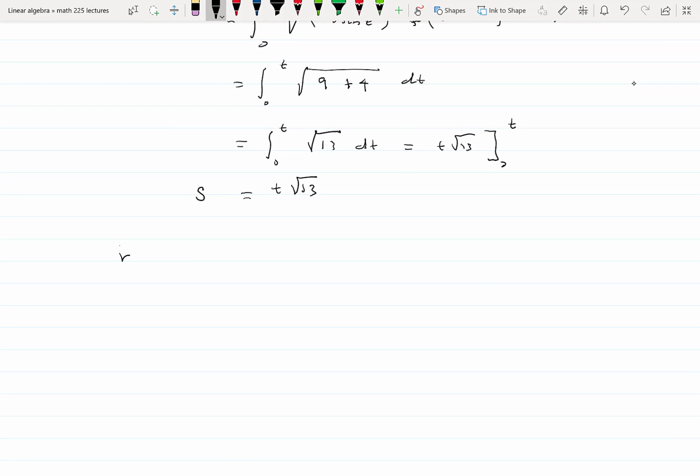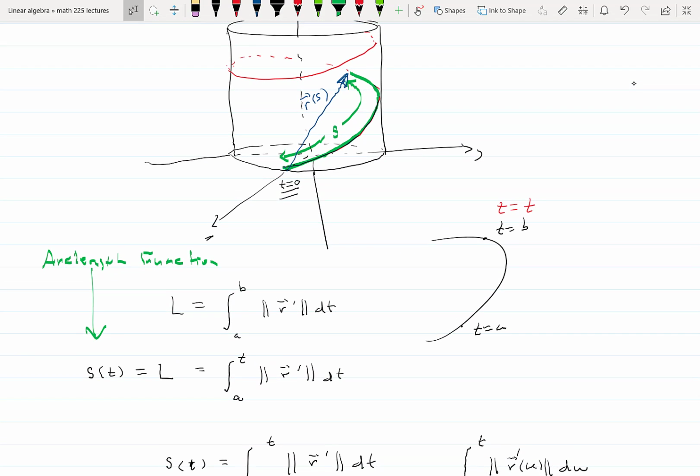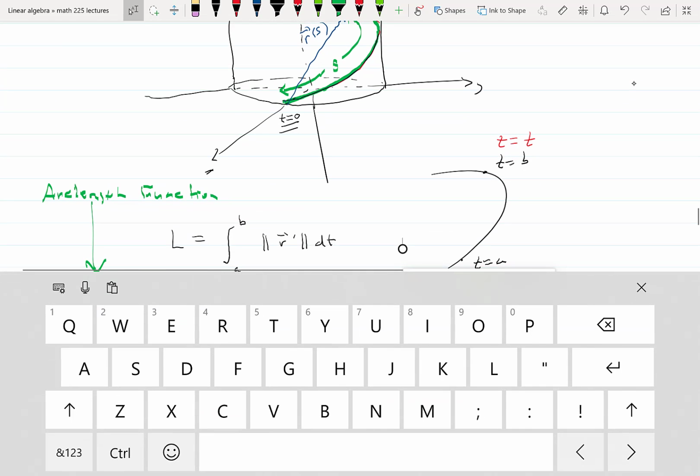Now I want you to see our position vector formula, the vector function we started with. It was the vector whose components are 3 cosine t, 3 sine t, and 4t. The idea, going back to the beginning, was that if I specify an arc length s, I would like to find the blue position function that tells me where I am, r of s.